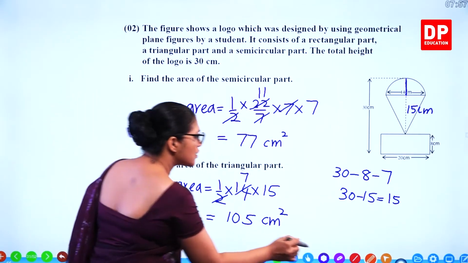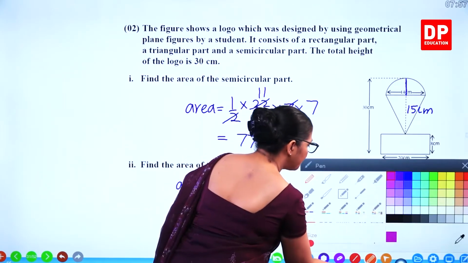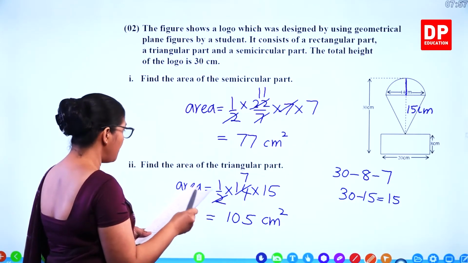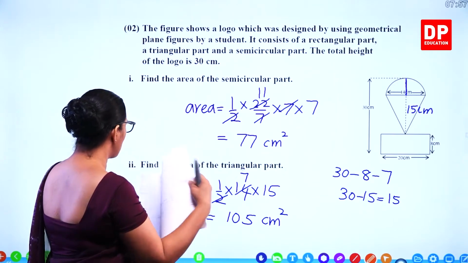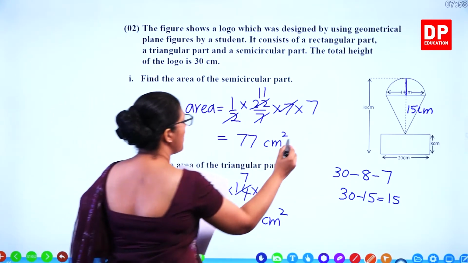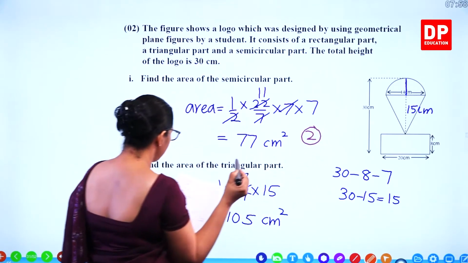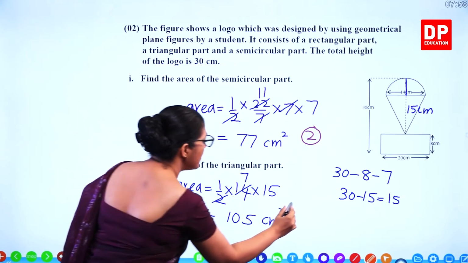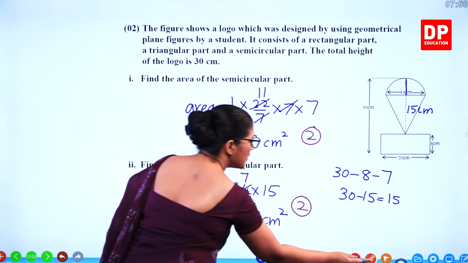So, we'll give marks for the first 2 steps. 77, that's 2 marks. And 105, you get 2 marks.